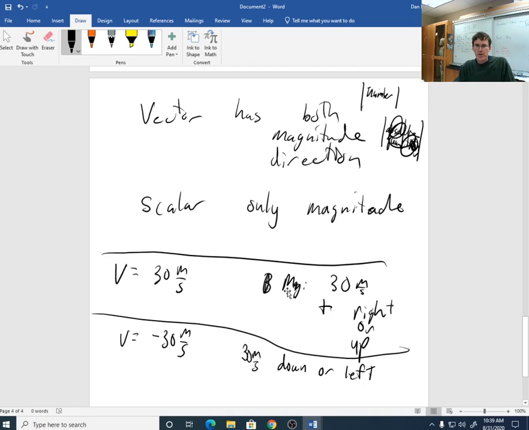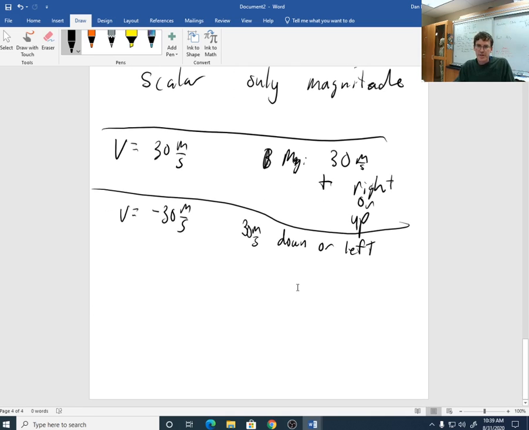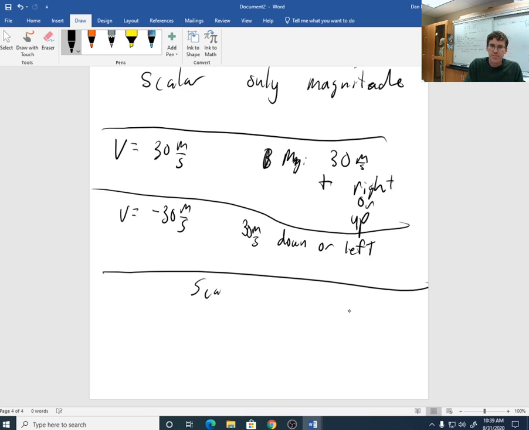Okay, so how about a scalar quantity? An example of a scalar quantity is distance. Distance traveled would be only, there is no negatives for distance traveled. So suppose we have a person walking.